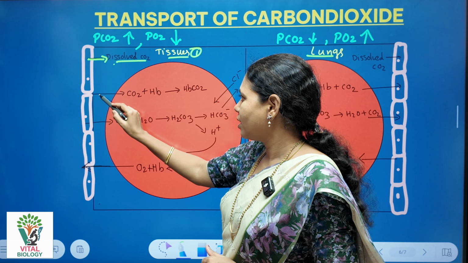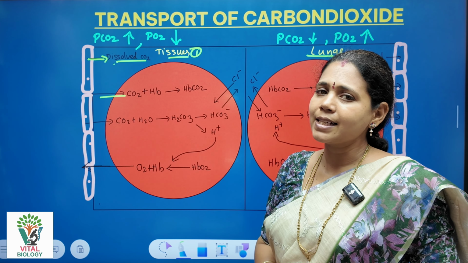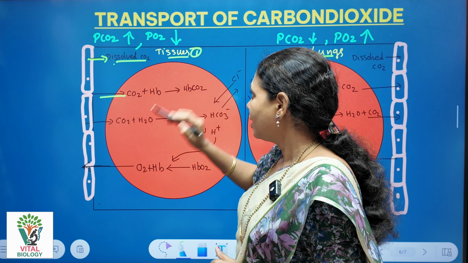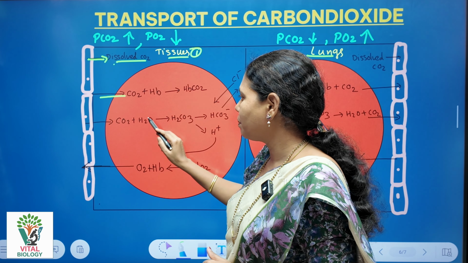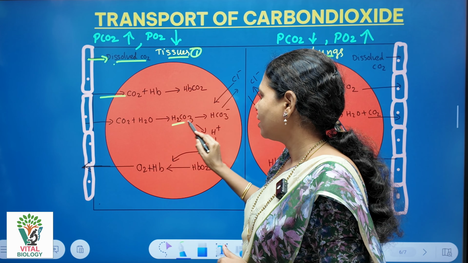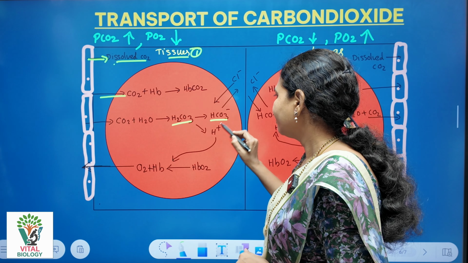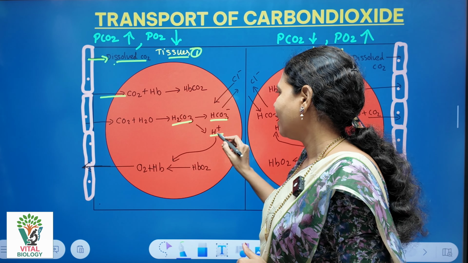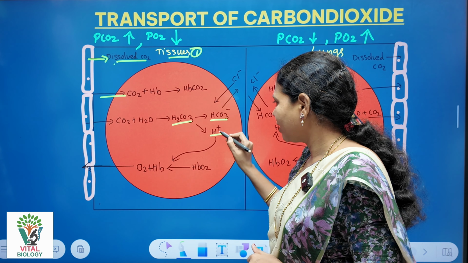Next, it combines with the amine group of the hemoglobin, and as carbamino hemoglobin, it is transported up to the lungs. Whereas the third form, which we said, is that carbon dioxide binds with water to form carbonic acid. This carbonic acid further dissociates to form bicarbonate ions and hydrogen ions.